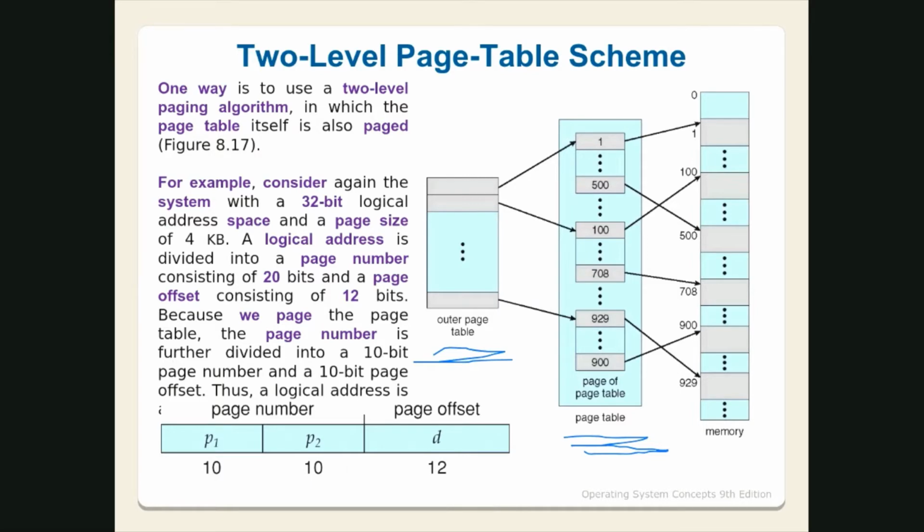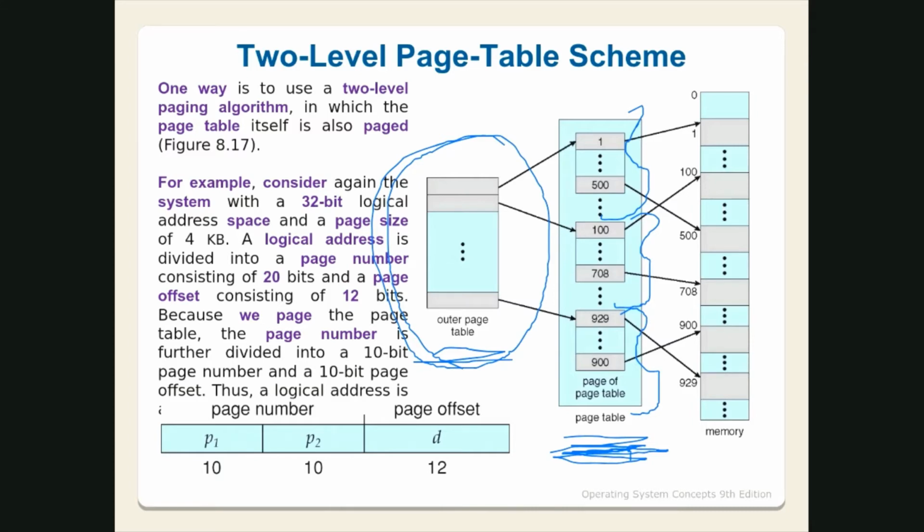But the inner page table consists of multiple tables. This is one table, this is another table, this is another table. So each page is going to have a table, a page for the page table.